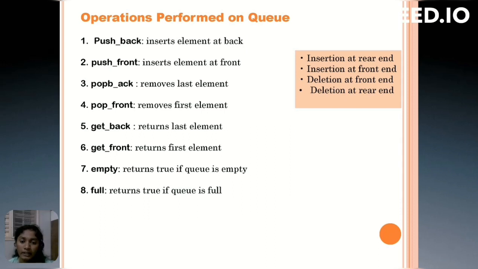Get front: return first element. Empty: return true if Q is empty. Full: return true if Q is full. Insert at rear end, insert at front end, delete at front end, and delete at rear end.